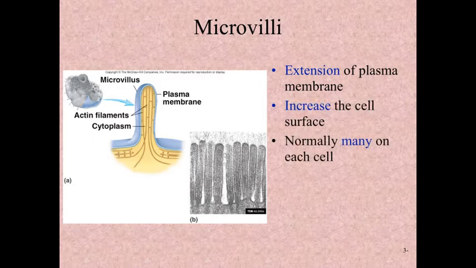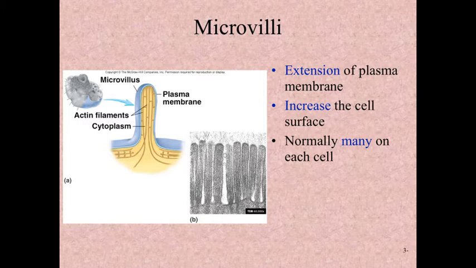I think I might have mentioned this before, but the role of the microvilli is to increase the surface area of the cell. Particularly in the simple columnar epithelium that you saw in lab, that kind of epithelium lines the digestive system. The microvilli is heavily populated with digestive enzymes that are bound in the cell membrane.